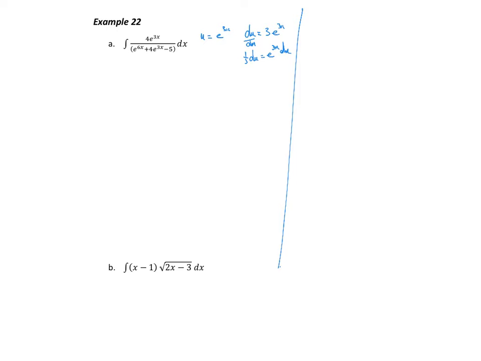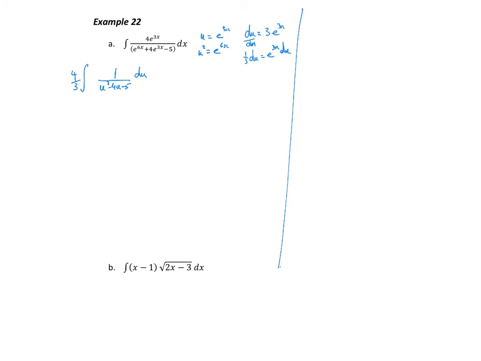If I take the 4 out the front, I've got e to the 3x dx, which is equal to 1/3 du. So I'll bring the third out as well. And u is equal to e to the 3x, so u squared is equal to e to the 6x. And so that becomes u squared minus 4u minus 5.